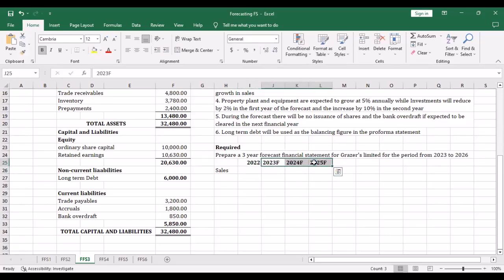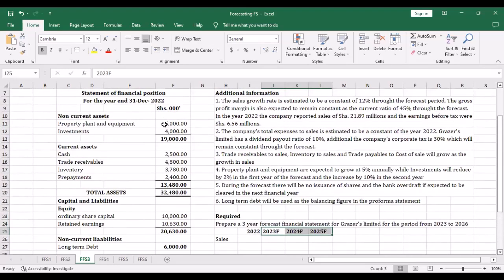Remember here we're working in thousands and we've been told the sales were 21.89 million. So it will be 21,890; you just multiply by 1,000, the difference to get to million.